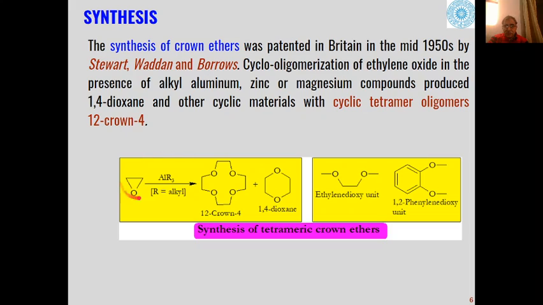When ethylene oxide was reacted in the presence of alkyl aluminiums or zinc or magnesium alkyls, they produced 1,4-dioxane and other cyclic materials of the crown ether type. So for example, when this reaction was performed, in addition to 1,4-dioxane, 12-crown-4 was formed in small amounts.